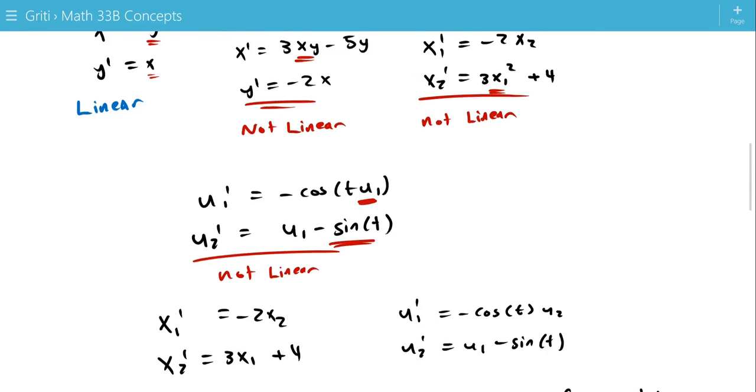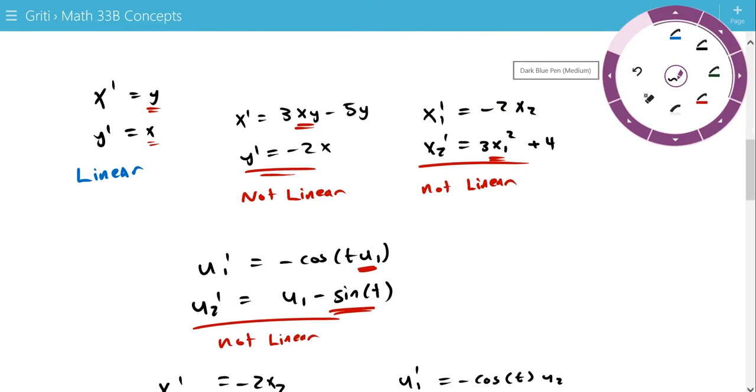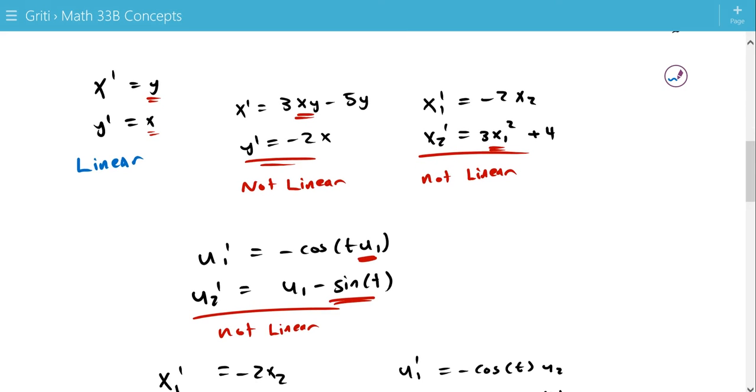So let's go through our linear systems we found and put them into this form. This can be written as we've shown, x prime equals y, x, but this can actually be written in the form the matrix 0, 1, 1, 0 times the vector x, y.